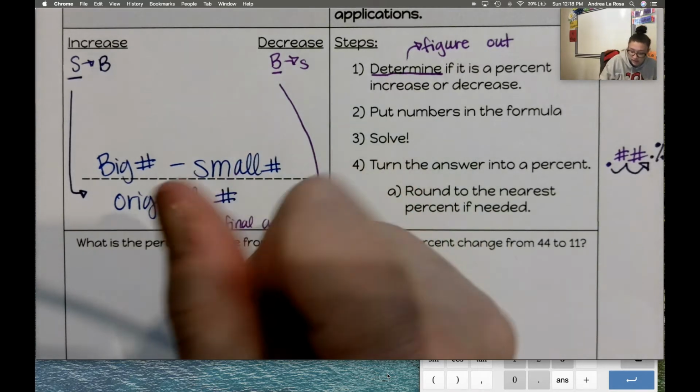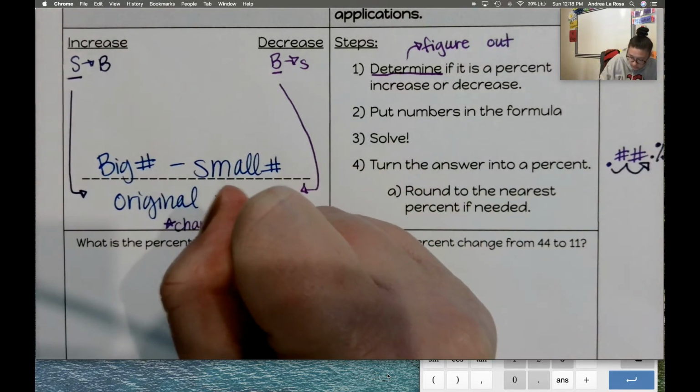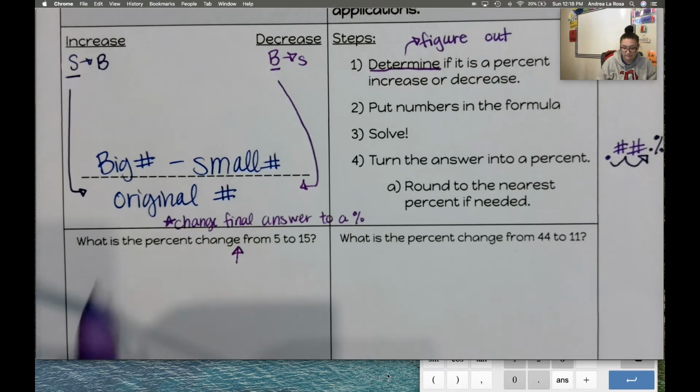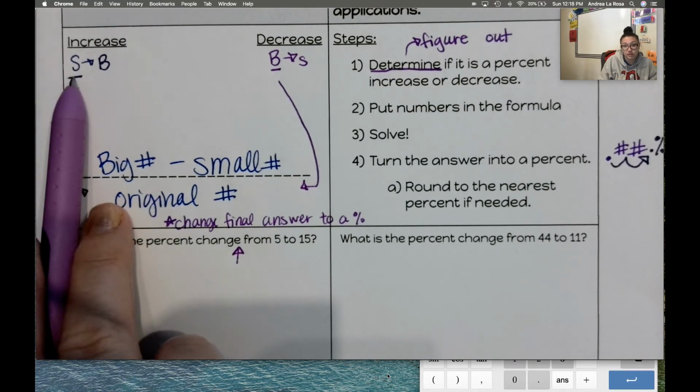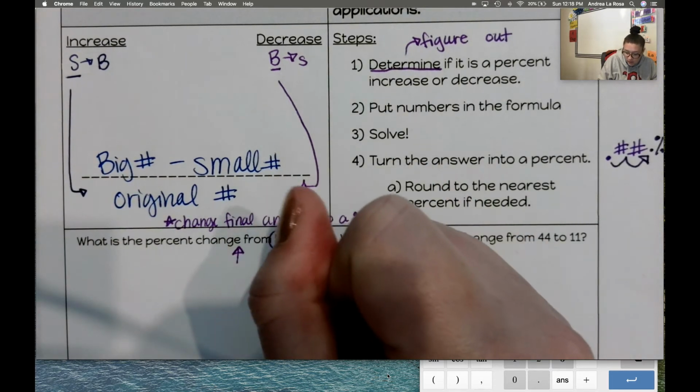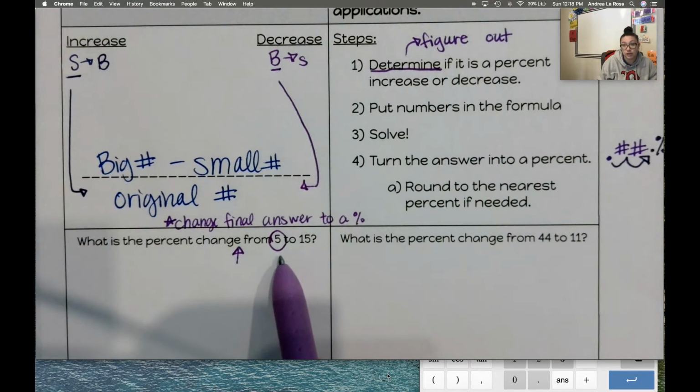Yeah, that's an increase. So that means my original number is going to be my small number. So 5 is going to be my original. I'm going to put an O around it so I remember that's my original number.